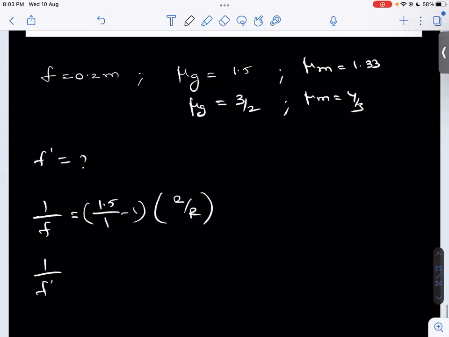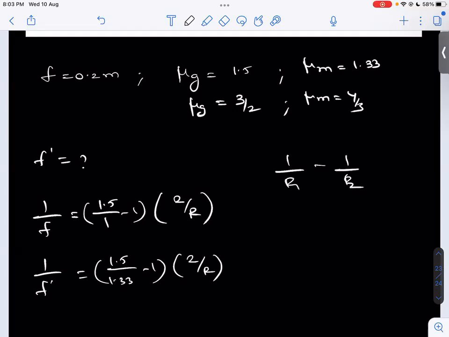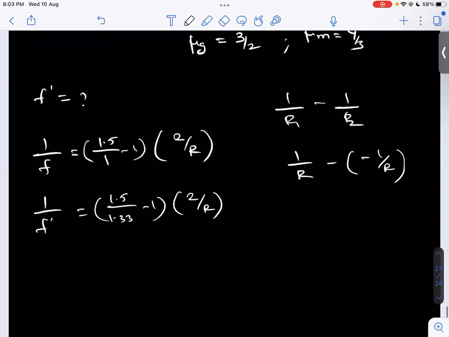And 1/f dash is equal to 1.5 divided by 1.33 minus 1 into 2/r. Why I wrote it as 2/r is because 1/r1 minus 1/r2 is there, right? I considered it to be equifocal. So 1/r minus of minus 1/r because of sign convention.